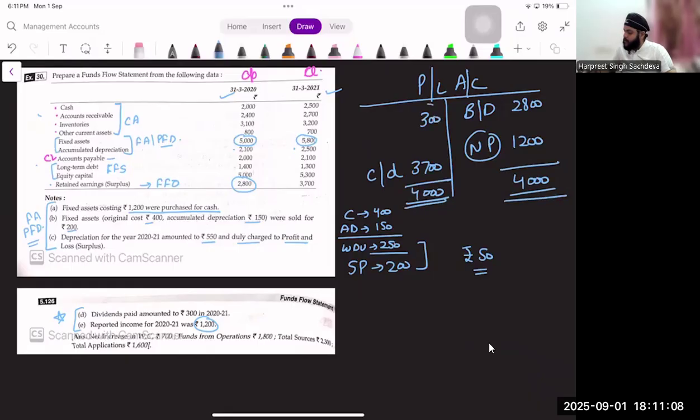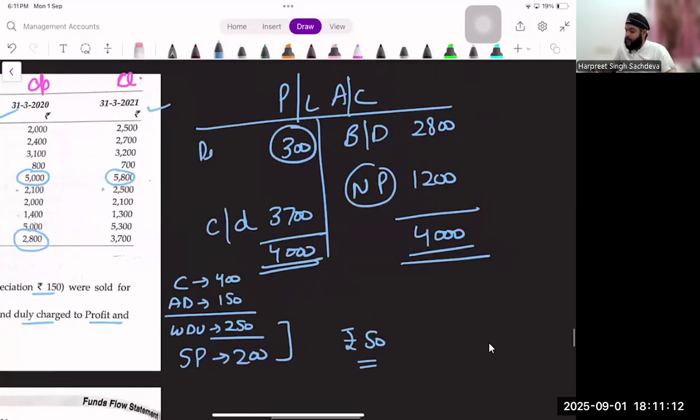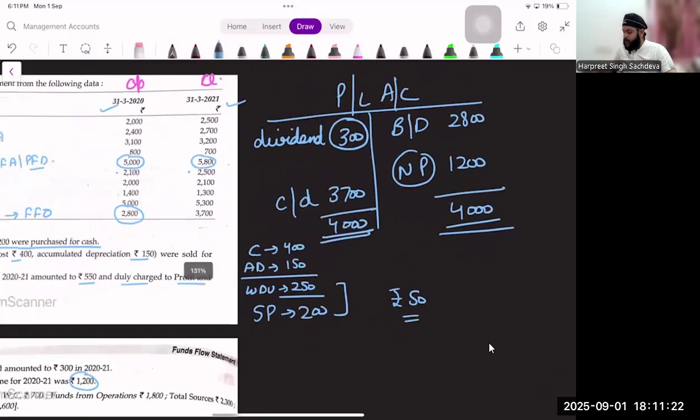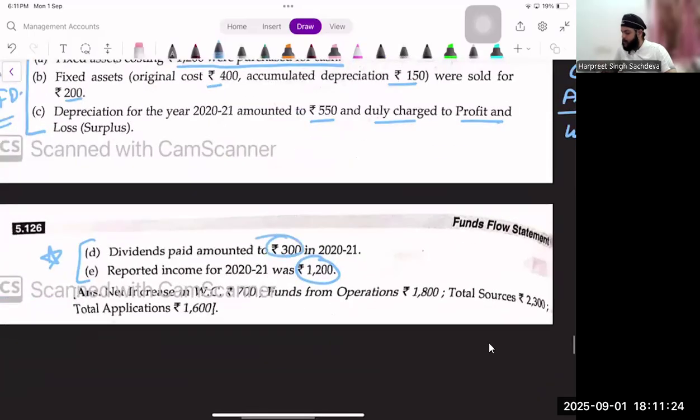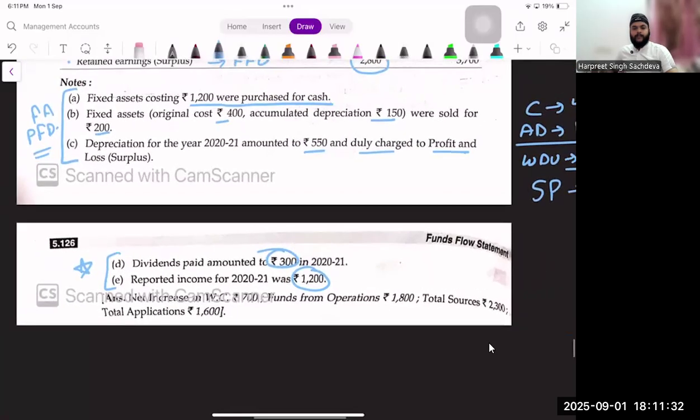So 300 is your distributed profit in the form of dividend. Yes or no? But in this question there is no need to calculate that because dividend is also given, but you can match that. Am I clear? Yes or no? Clear, Raja?